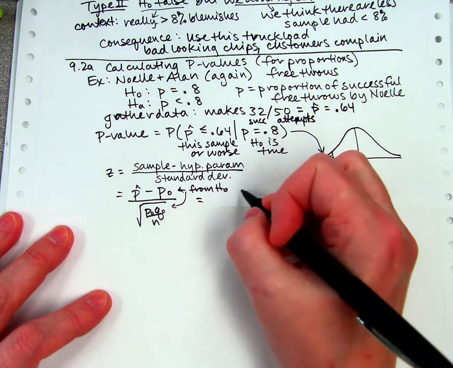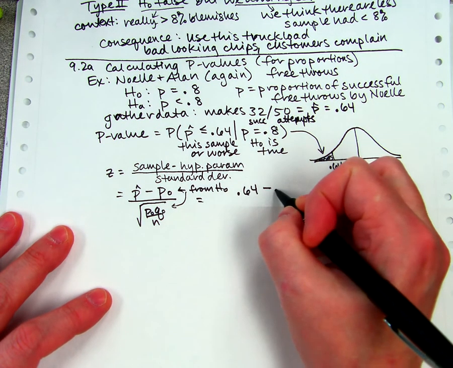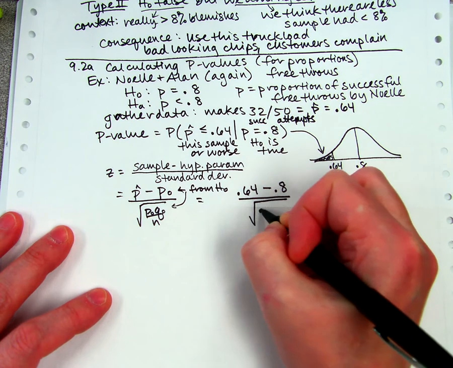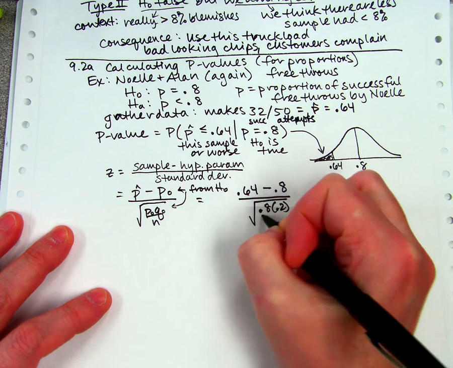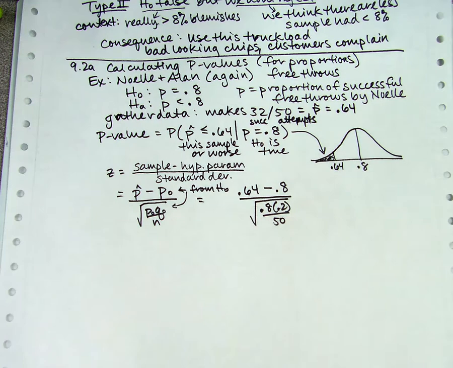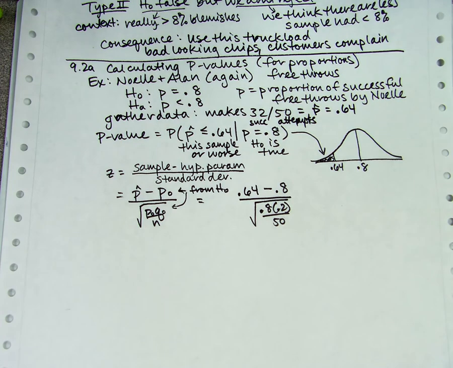Okay, so let's do the details. P-hat is 0.64 minus P0, which is 0.8. We're going to use the 0.8 again down here. 0.8 times 0.2 over, there were 50 free throws. And you did this in the warm-up, I think it was Monday, and I didn't fully explain yet, but I'm going to explain further right now and say this is a different standard deviation than the one you use for a confidence interval.